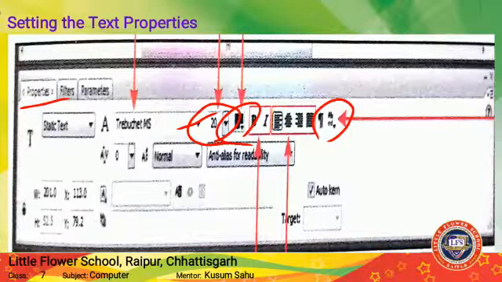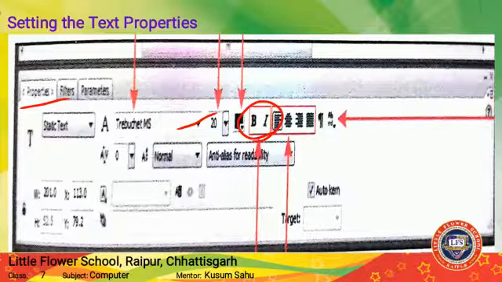And when you click on this icon, you can change the text to bold or italic style. So these are the text properties through which we can change the appearance of the text, means its color, its size, bold, italic. We change them from the property inspector only.